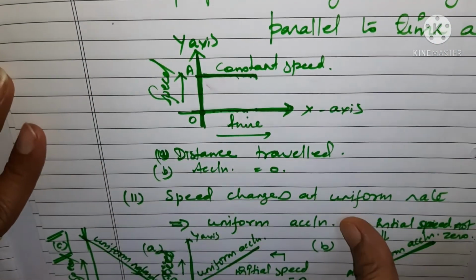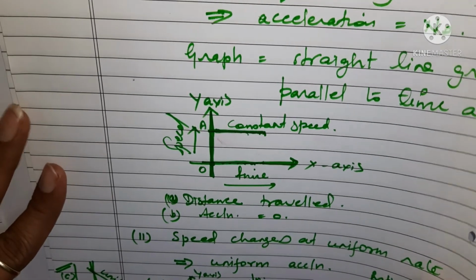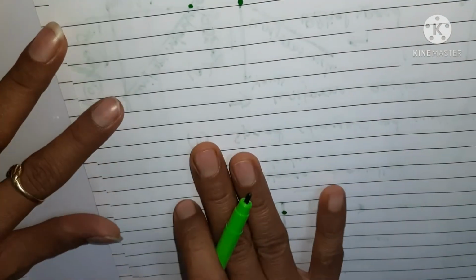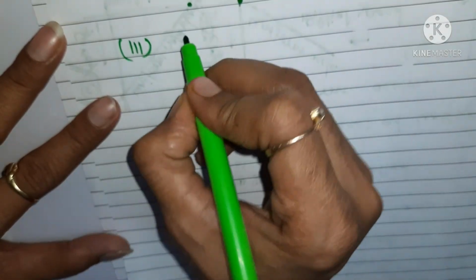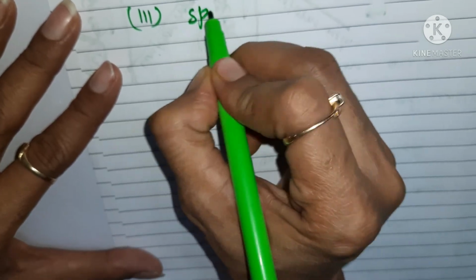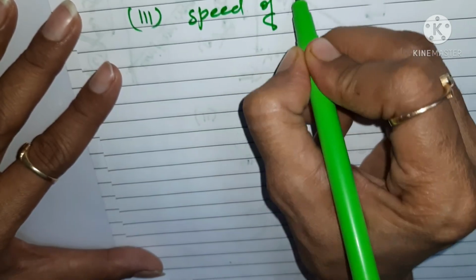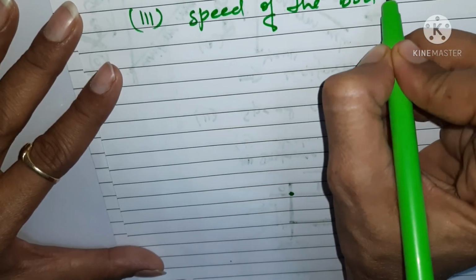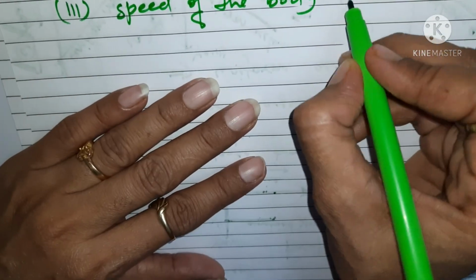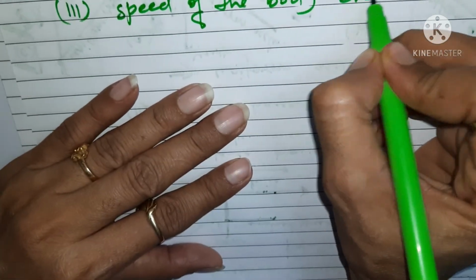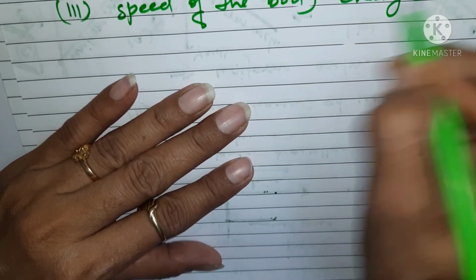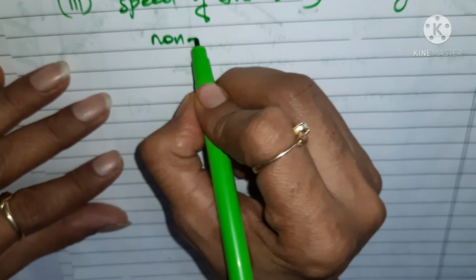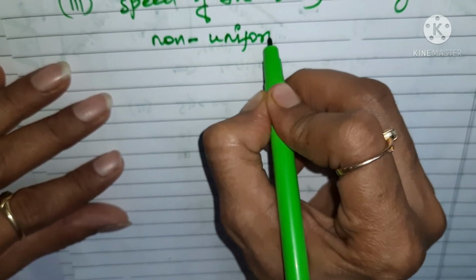These two are done. One more type of graph is there, let me tell you about that also. See here. The third type of graph is where the speed of the body changes at a non-uniform rate. In this case we don't get uniform speed.